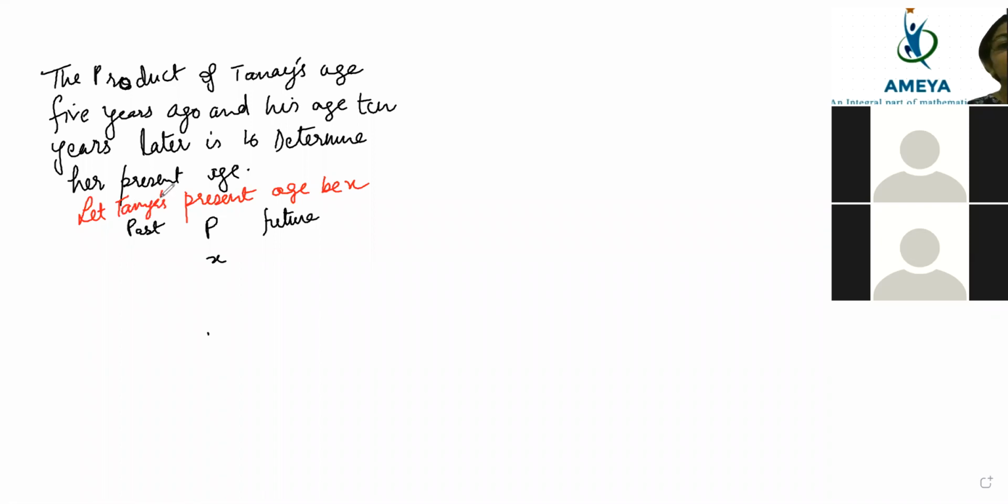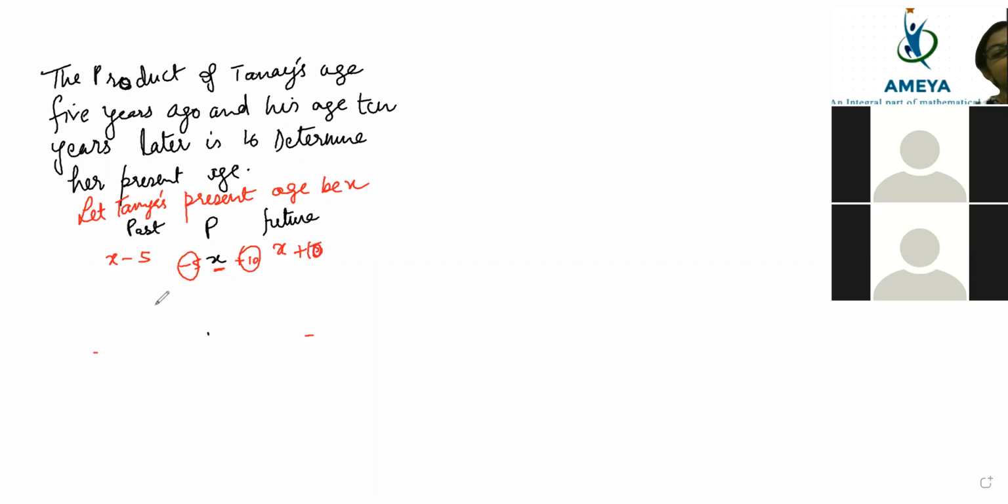Okay, then it is telling that 5 years ago, product of Tanya's age 5 years ago. So 5 years ago, what will be her age? X minus 5. And 10 years later from present age, you add 10 years. And in past, you have to subtract 5. So here it will become x plus 10.